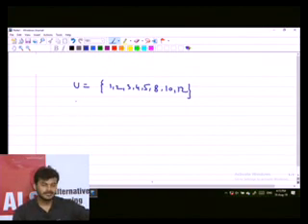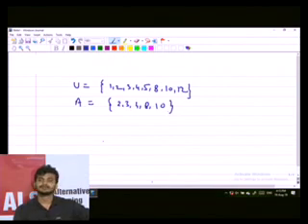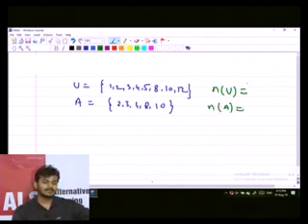If this is the universal set and I'm taking a subset A, which is 2, 3, 4, 8, 10, right? Apart from this, we can also define the cardinal number for U and for A. For U it would be 1, 2, 3, 4, 5, 6, 7, 8, so that is going to be 8.